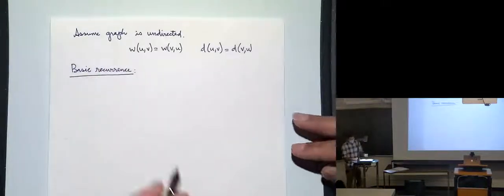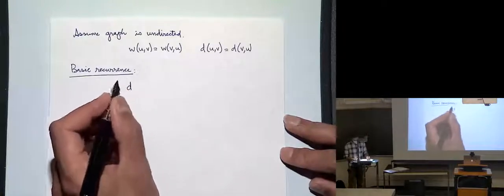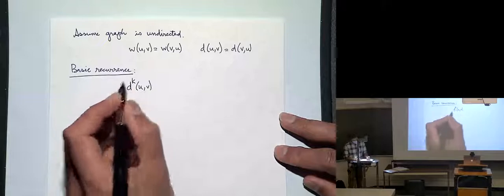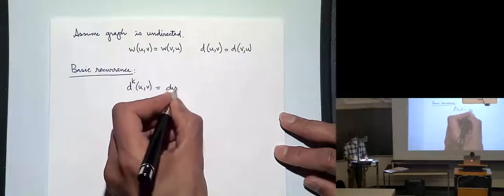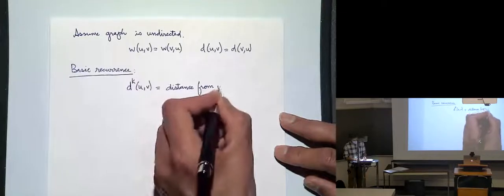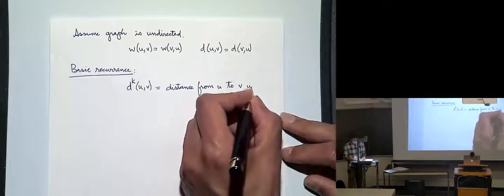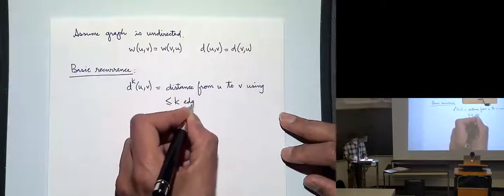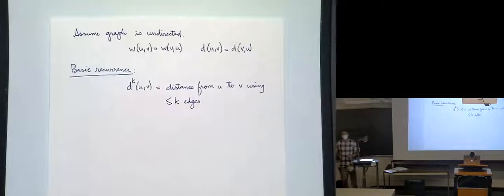So we could just start with this basic recurrence for distance. Let's say d_k of uv is equal to the distance from u to v using at most k edges. And I'm going to assume there are no negative weight cycles because you could run Bellman-Ford to first check that.